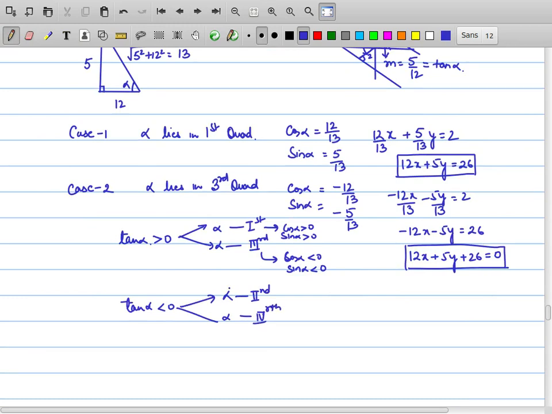If alpha lies in the second quadrant, cos alpha would be negative, but sin alpha would be taken positive. In the fourth quadrant, cos alpha will be taken positive, but sin alpha will be taken negative. This you should remember. Whenever you are given the slope of the perpendicular from the origin, that is alpha, then these are the possible cases. I hope you have understood the question.